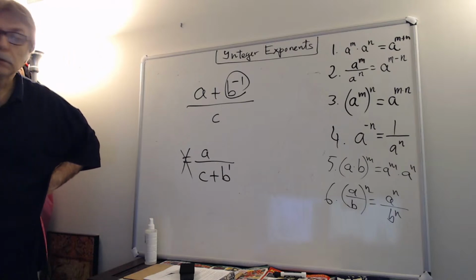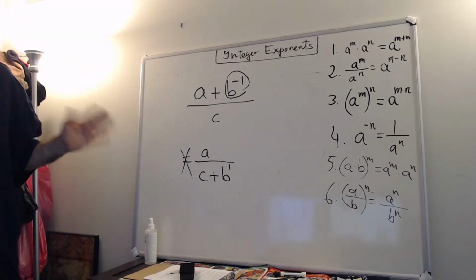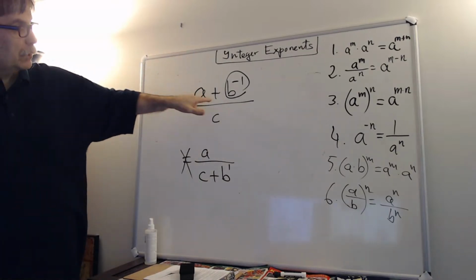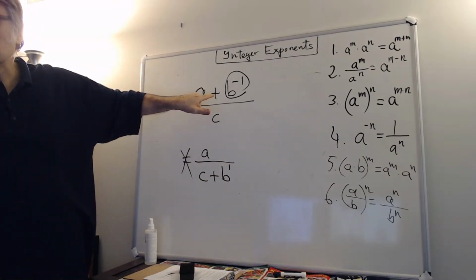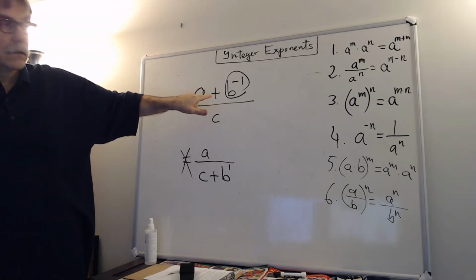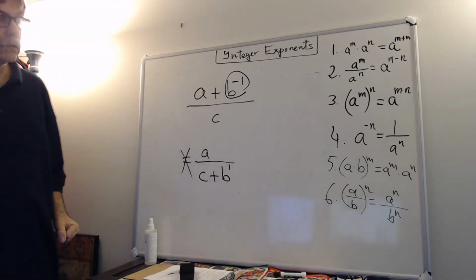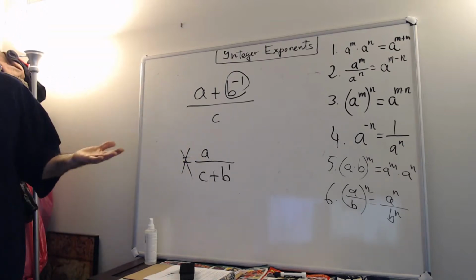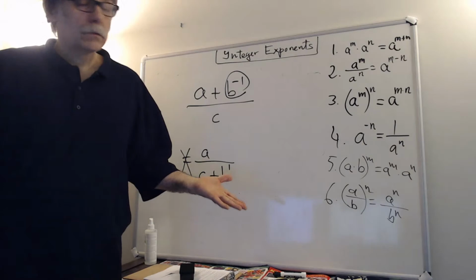That is not true. First of all, you have no justification here, because this is not a factor. It's a term. You're adding it. You're not multiplying. So it's not a factor, so you can't just flip it, because the only way you can flip it is if it's a factor.